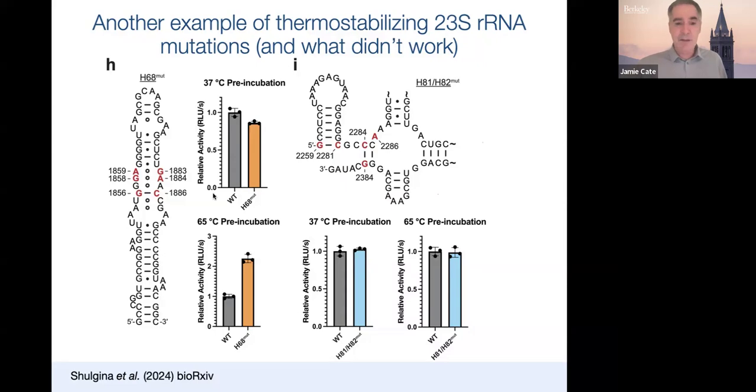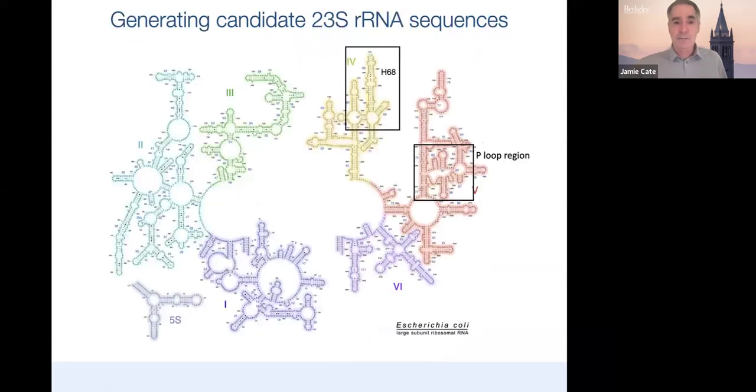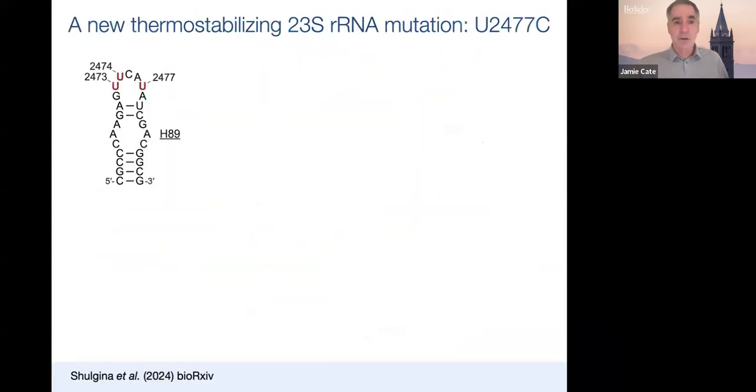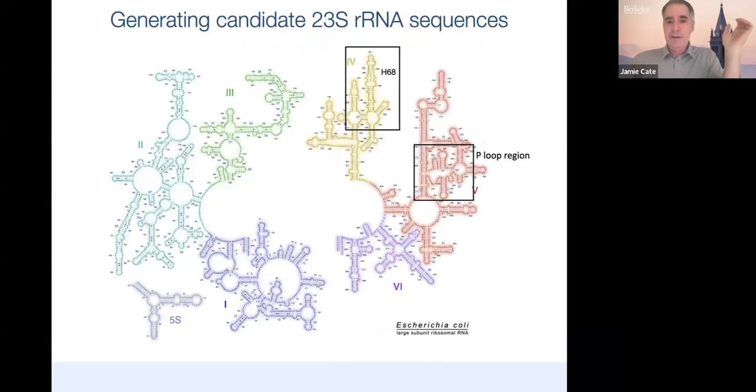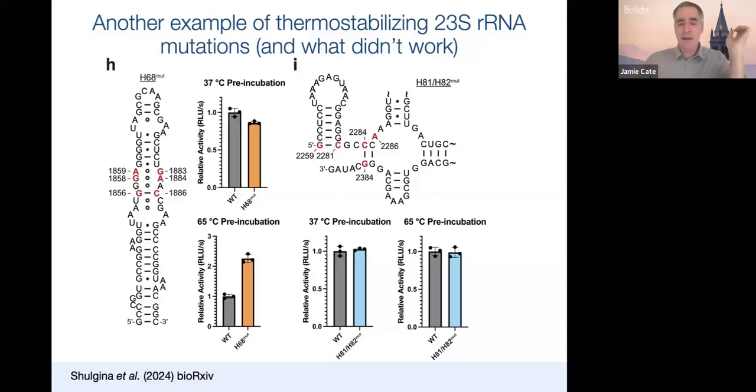But in the other two cases, it worked great, for 2477 and the Helix 68 case. And when you think about the combinatorics, we've got 2,900 nucleotides to work with. To be able to get a success rate like this, where we have to biochemically validate our results, was very helpful to us.